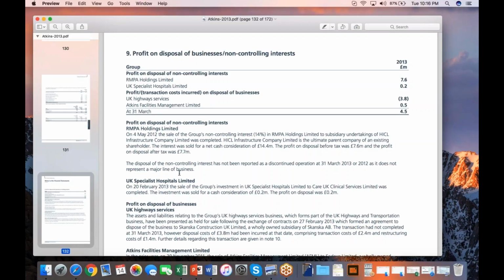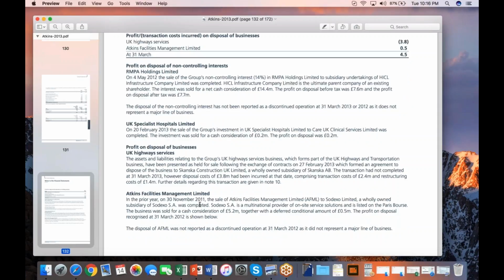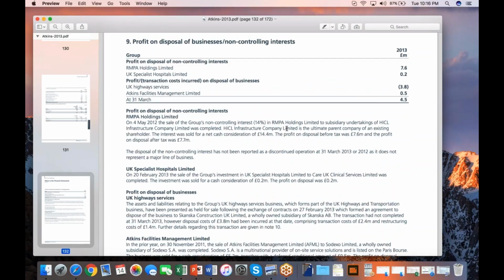So now my point is, UK Specialist Hospitals Limited, UK Highway Services and Atkins Facility Management Limited. This is the group profit or whatever, but they have sold this business, and they have made this amount of money by selling this business. So we need to include that part in the operating profit.